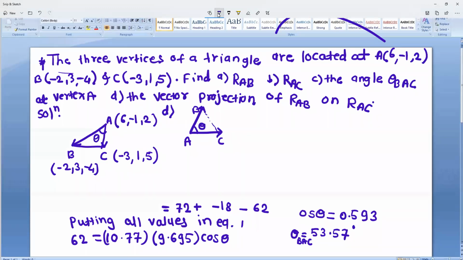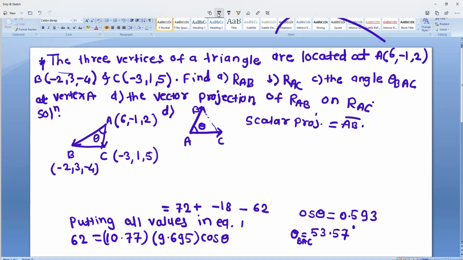Now what is the formula for vector projection? First, what is the formula for scalar projection? Scalar projection is equal to the vector which you are projecting, here vector AB bar, dot the unit vector in the direction in which you are projecting.